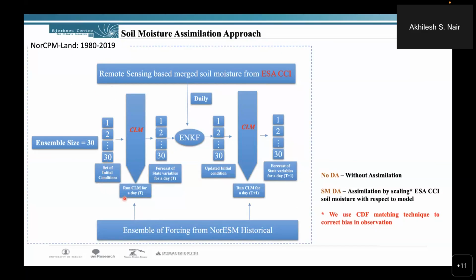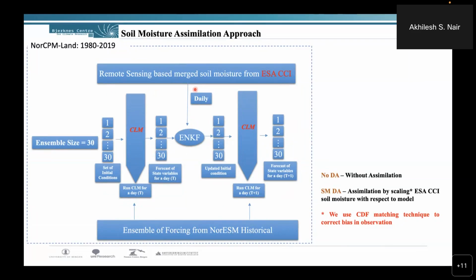So we have 30 different forcing datasets to run CLM, and we use ESA CCI soil moisture datasets because we had to create a longer reanalysis product, and the most reliable reanalysis product we could get is from ESA.